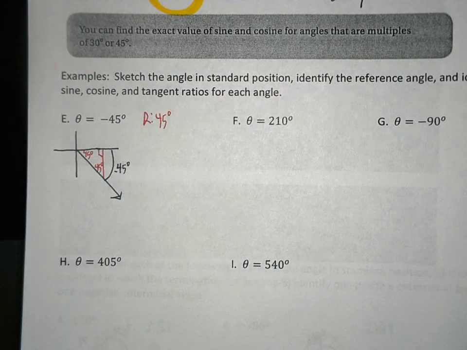Okay, ask me questions as I do things. So far, so good? Yes? Okay. So the next thing they've asked us to do is state the quadrant, which, no, they didn't. Okay, but we know it's in quadrant 4. And it says identify sine, cosine, and tangent ratios for each angle.